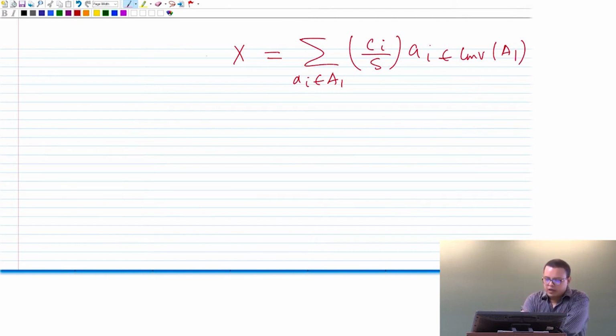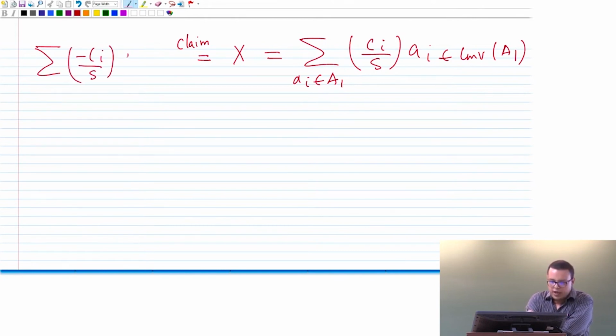My claim is, this is a claim: I can write this x as this also, minus Ci by S Ai, where Ai belongs to A2. Is it true or not true? Why is this the case?